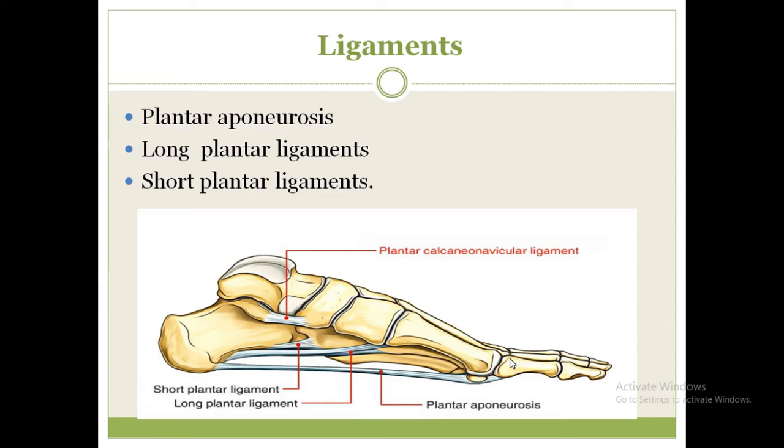Then the arch is further strengthened by the ligaments. The ligament here in case of the lateral longitudinal arch is the plantar aponeurosis, just like the medial longitudinal arch. So the main ligament would be the plantar aponeurosis. Then we have the short plantar ligament and the long plantar ligament.